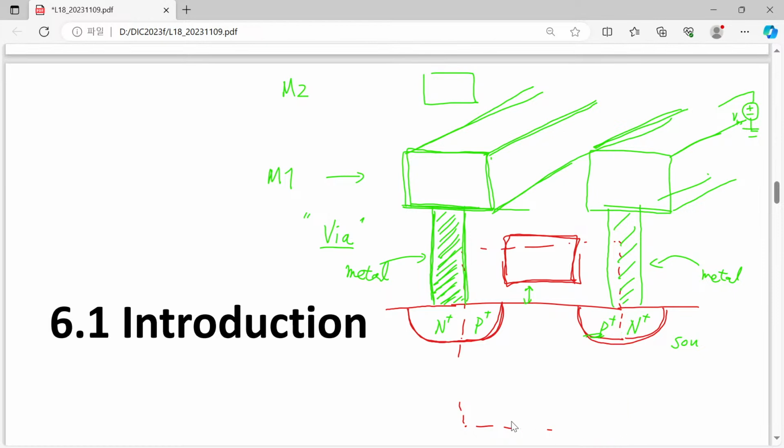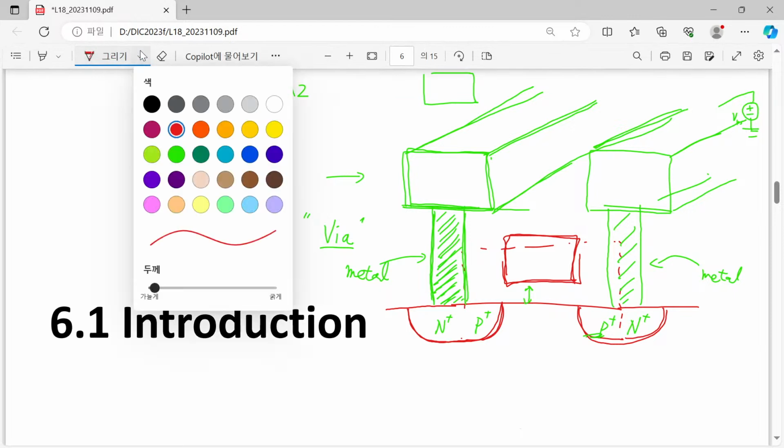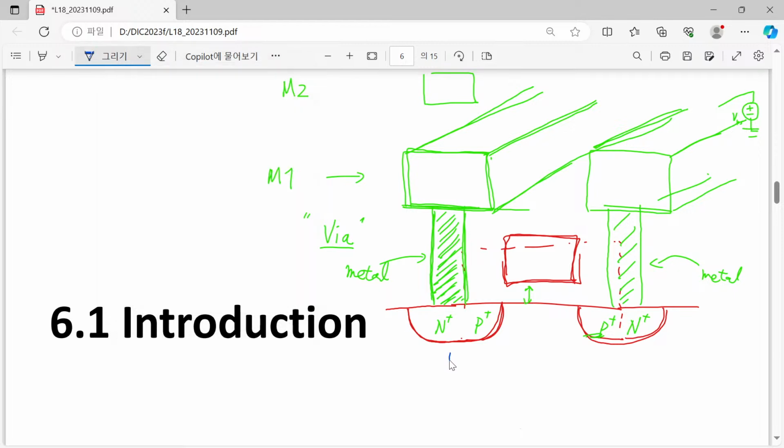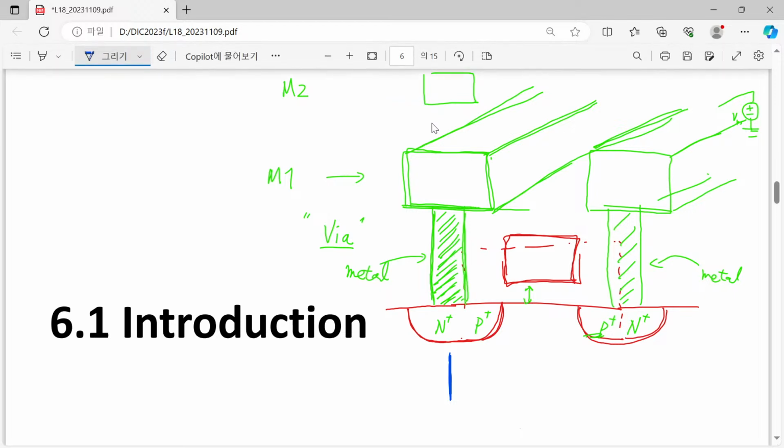Let's say that this is your transistor, and the most critical design variable, or technological variable, corresponding to the size of your transistor is CPP. So it is given by this difference. Here you have the sphere, and it is when you have a look at it from the top.